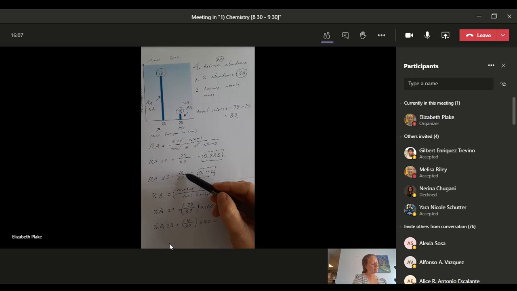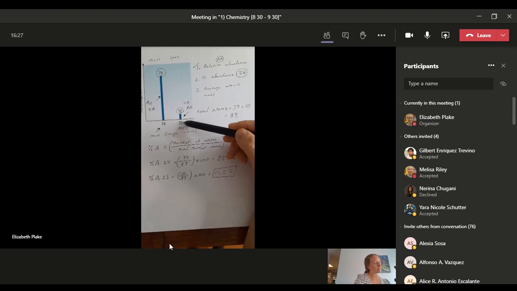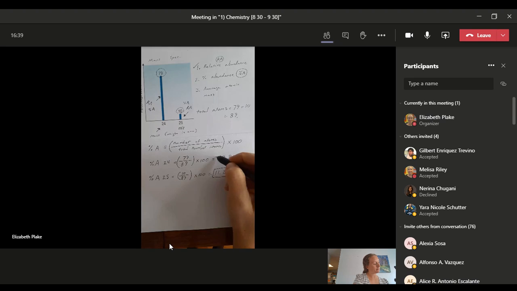We said that 10 divided by 89 was 0.112. And if I multiply that number by 100, I get 11.2%. So here's my two answers. My isotope that weighs 25 AMUs has an 11.2% abundance. And my isotope that weighs 24 AMUs has an 88.8% abundance.